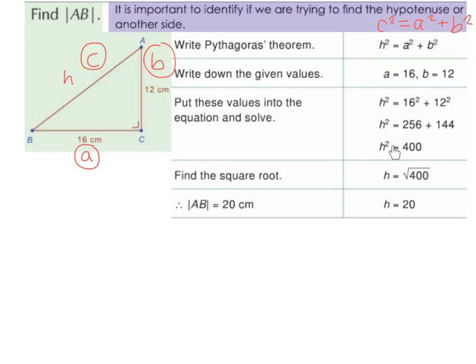So we have h squared equals 400, but we need to get the h on its own, which means we need to get rid of the squared part. So what happens is the squared comes over the equal sign and turns into square root. So h is going to be the square root of 400, and the square root of 400 is 20. Therefore, the length of AB is 20 centimetres. So the length of this line is 20 centimetres.